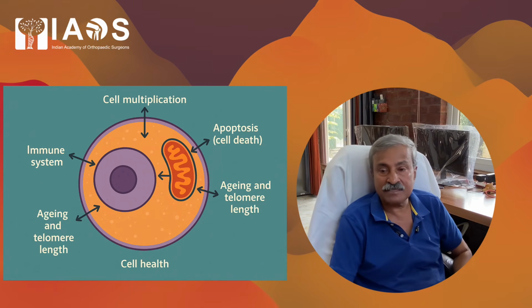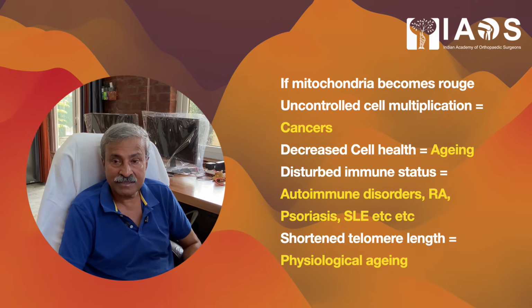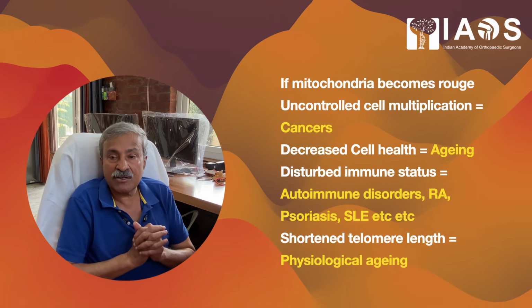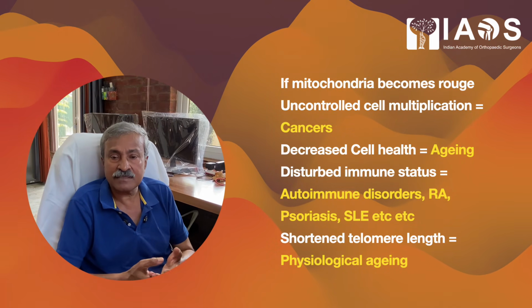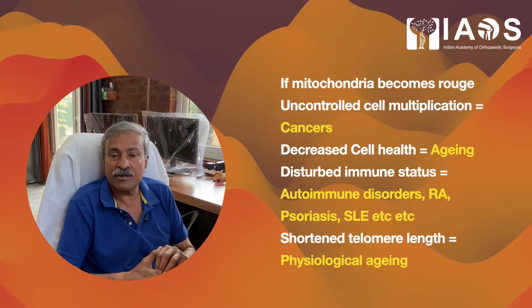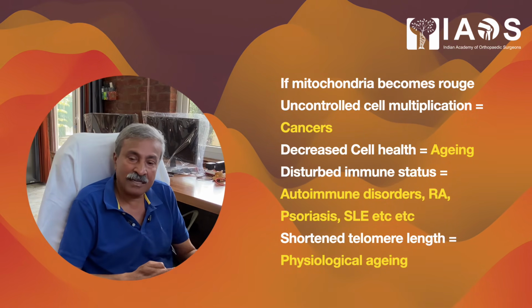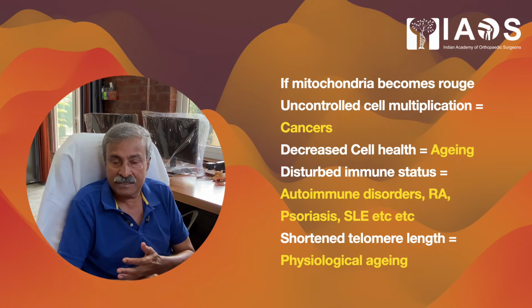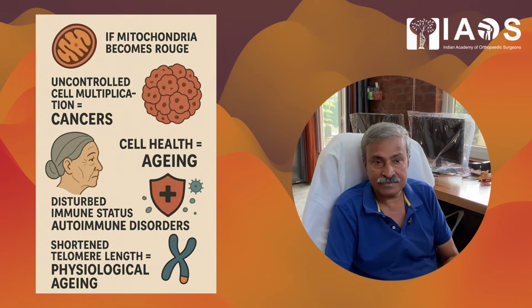All these functions were taken up by the mitochondria, and if mitochondria become rogue, uncontrolled cell multiplication will cause cancers, decreased cell death will cause aging, disturbed immune status will cause RA, psoriasis, SLE, etc., and shortened telomere length will cause physiological aging.